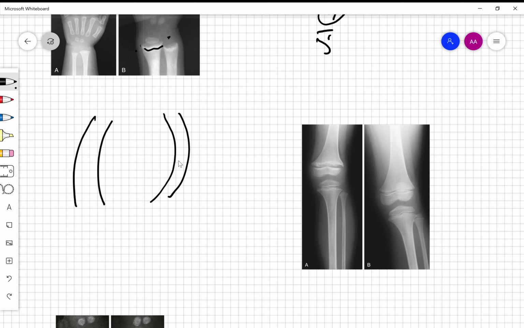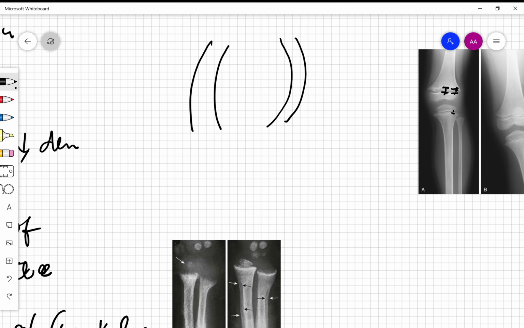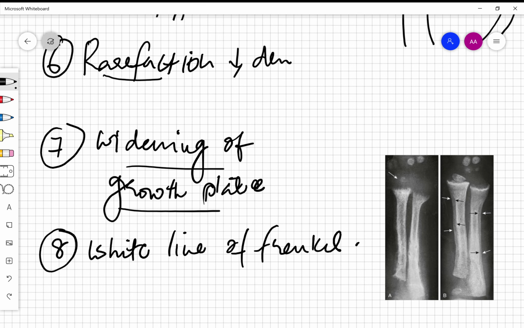The reason is that there is decreased mineralization and decreased calcification here, so it becomes wide and the distance increases. Similarly here you can see it has increased compared to this one. So this is the widening of the growth plate, or widening of the physis. It's a very important finding.